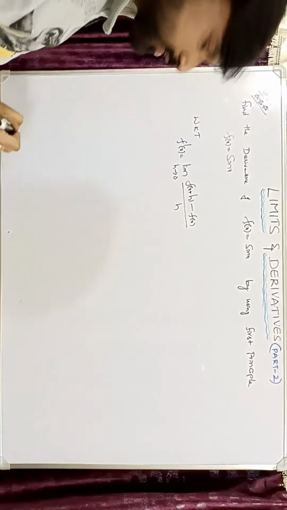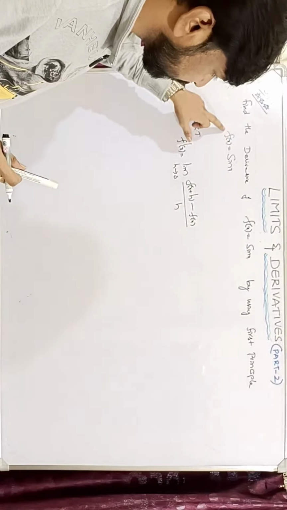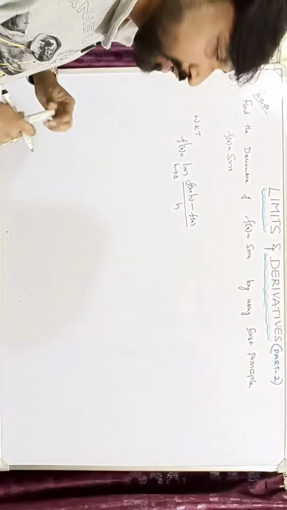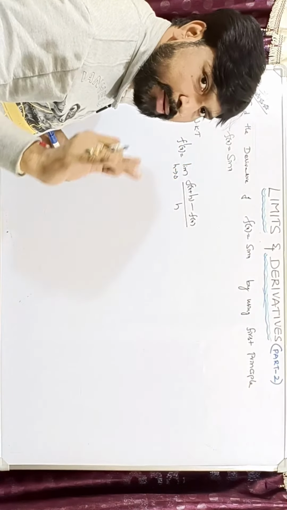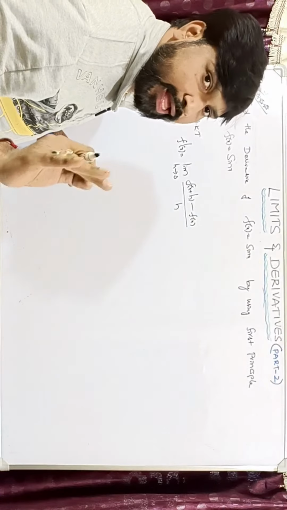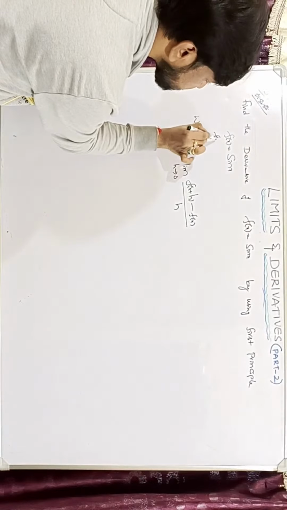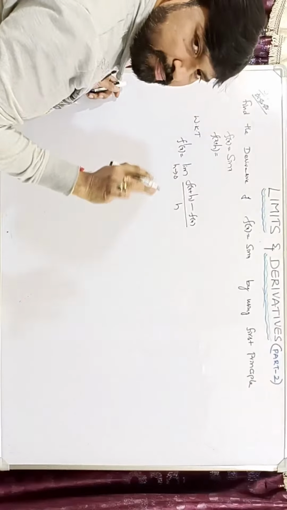This is the formula, right? Just now I told. In this formula, f of x is there. Now you are going to prepare f of x plus h, which is very easy. You just need to replace x with x plus h. Did you get it? In place of x, you replace x plus h. That's all. Wherever x is there, just replace it with x plus h.